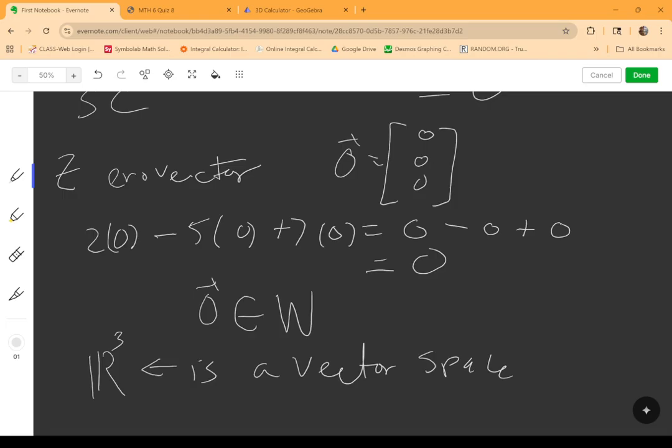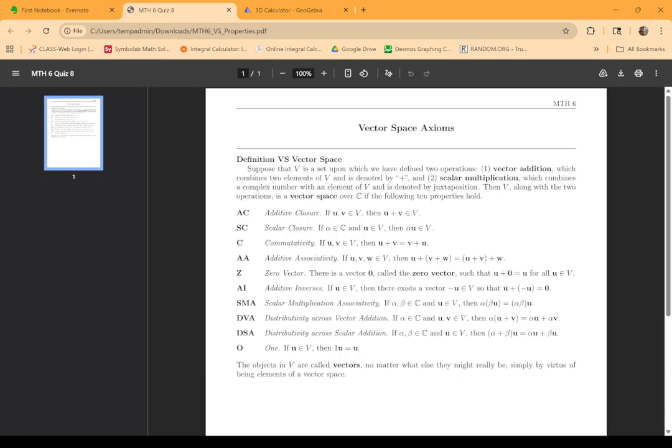The ones that are really not assumed here are the closure under addition and the closure under scalar multiplication. Those are the ones that I need to check, but the other ones are just inherited directly from R3.